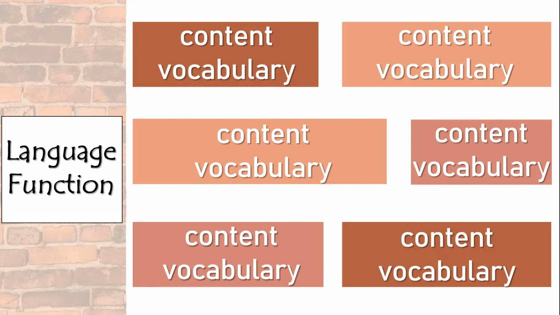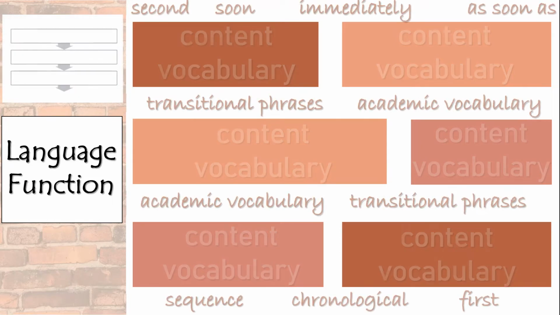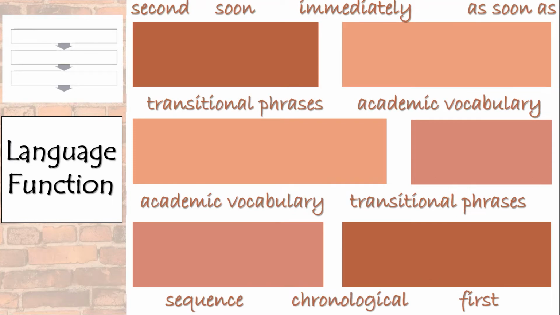They represent the concepts being learned and discussed. The general academic language and the language function phrases help to signal to students how the content vocabulary terms, the bricks, are related to each other and to the big picture of the topic. Just like mortar, they help connect those bricks. In order to effectively develop academic language, ELL students need both the bricks and the mortar holding those bricks together.